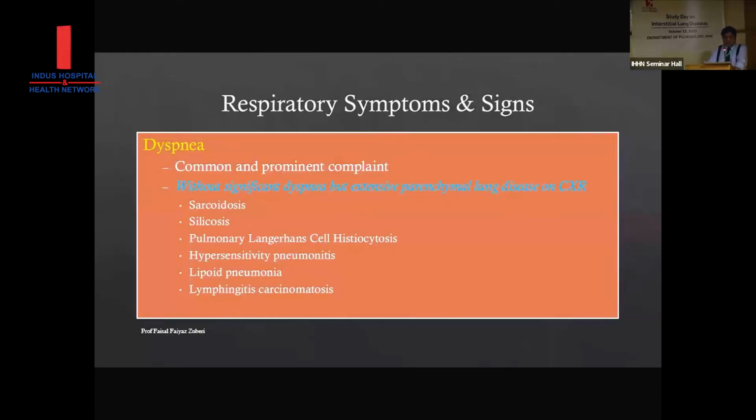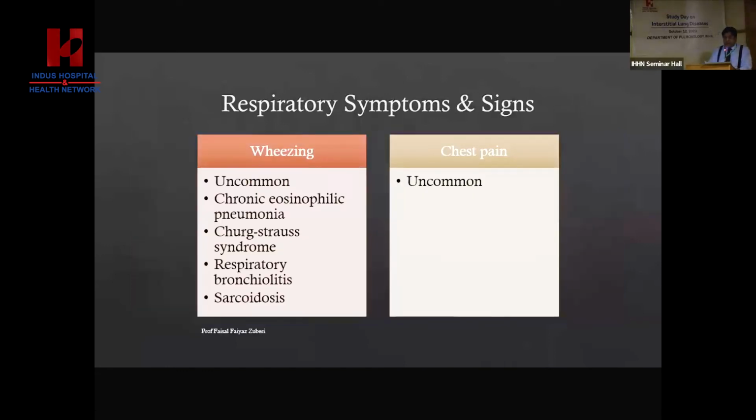Coming to the symptoms and signs, dyspnea is a very common complaint. There are certain situations where there is extensive parenchymal involvement on chest X-ray, but the patient does not have the main complaint of dyspnea and is referred to us because of the X-ray findings. So think of sarcoidosis, silicosis, PLCH, HP, lymphoma, etc. Another very important symptom is wheezing.